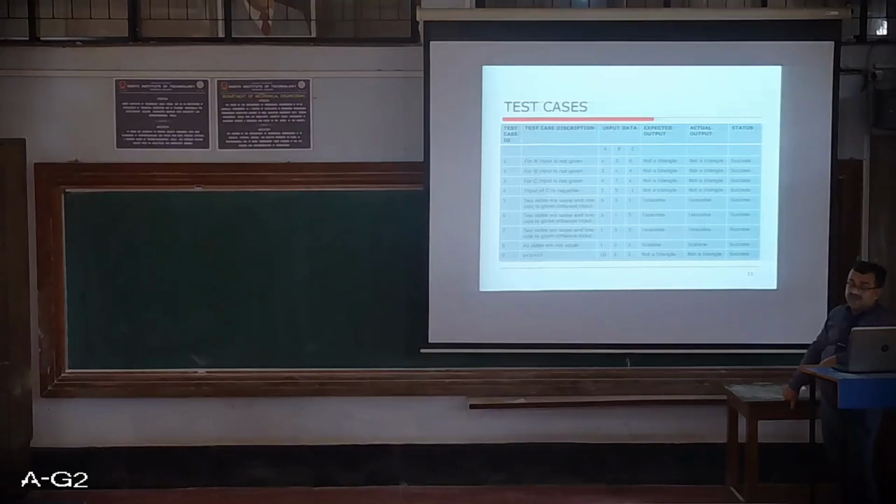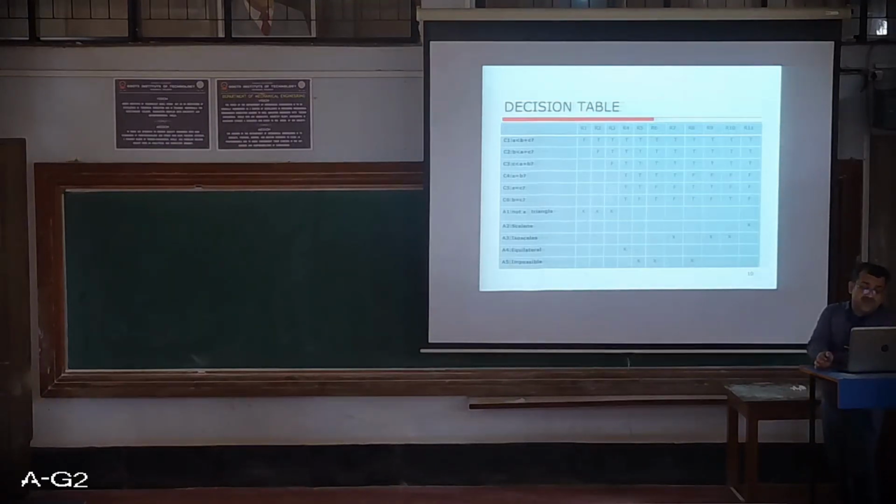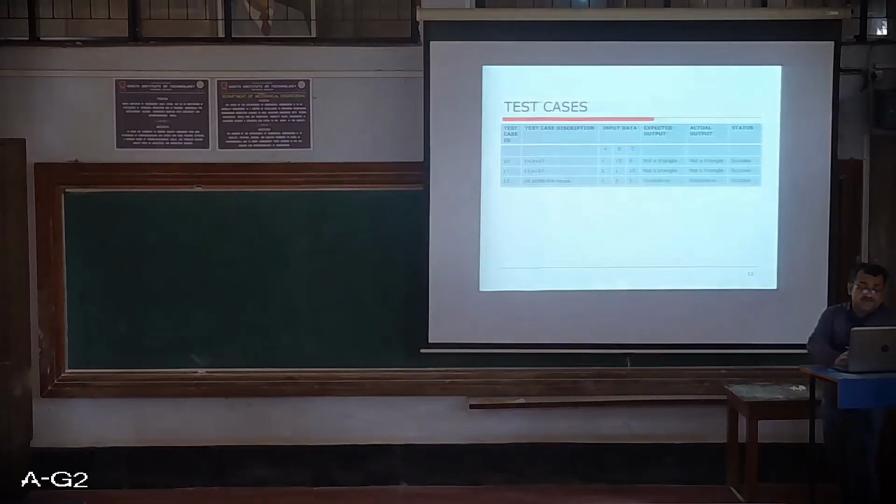Since this condition is false, from the decision table we can determine that it's not a triangle. Similarly, B should be less than A plus C for a triangle, but here B is very large and greater than A plus C, so that condition is false. From the decision table we can determine that it's not a triangle. The expected output is also not a triangle, so the test case is success.